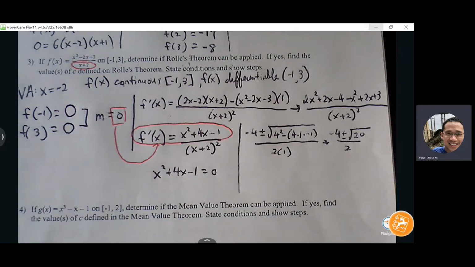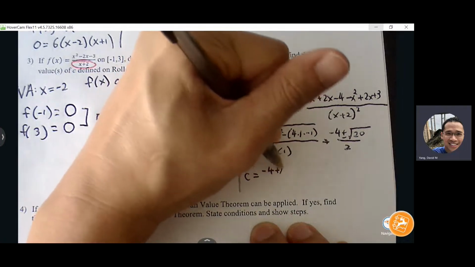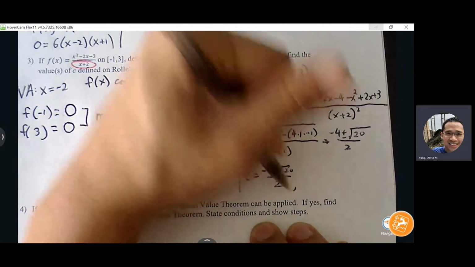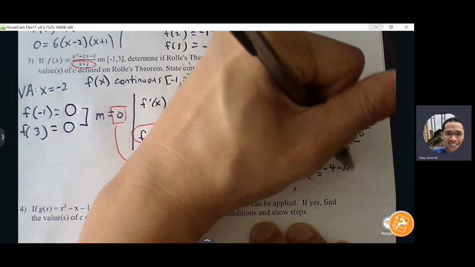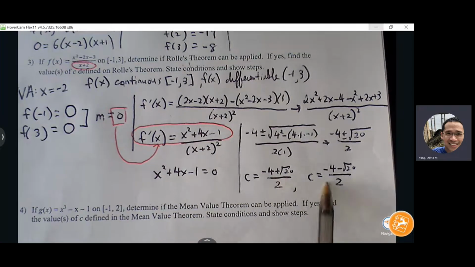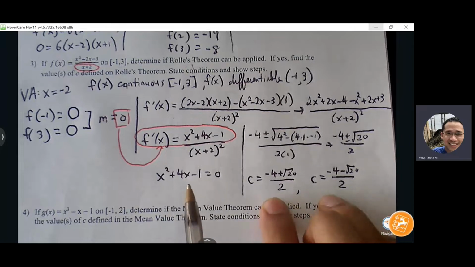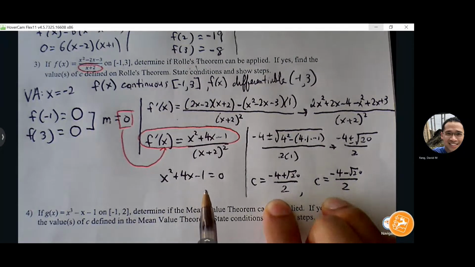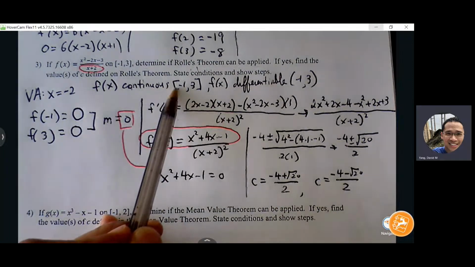Now there's actually two values hidden in here. There's c equals -4 plus root 20 over 2. And there's also c equals -4 minus root 20 all over 2. Okay, now if I enter this in the calculator, what am I looking for? How do I know whether to keep either one of these? Where do these have to be? Inside the interval, right?